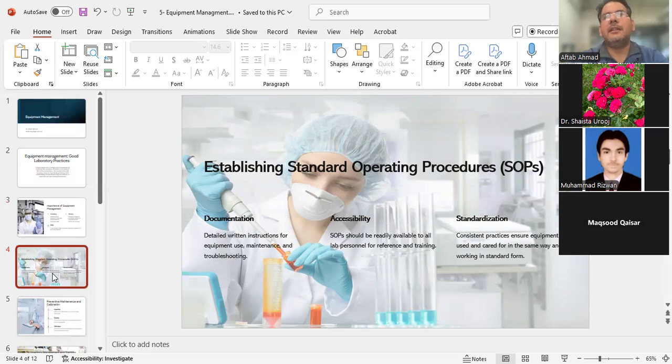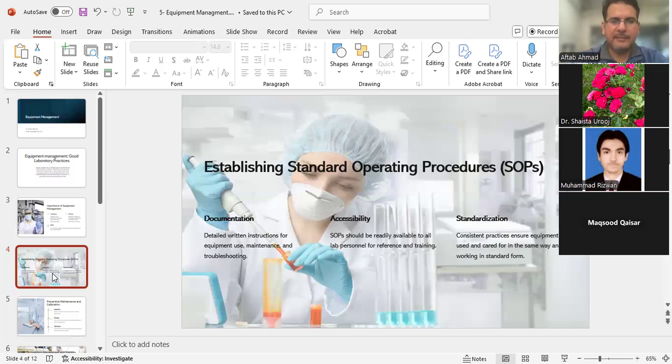For example, if you are going to use mycobacterium samples, then the SOP says that you shouldn't open those tubes on the benches. You should open them only inside the biosafety cabinet. This is the SOP you have to follow. If you are not following it and you are working on open benches, there are chances of contamination in the laboratory, and that can also be hazardous for the personnel working inside the laboratory. That's why we set SOPs.